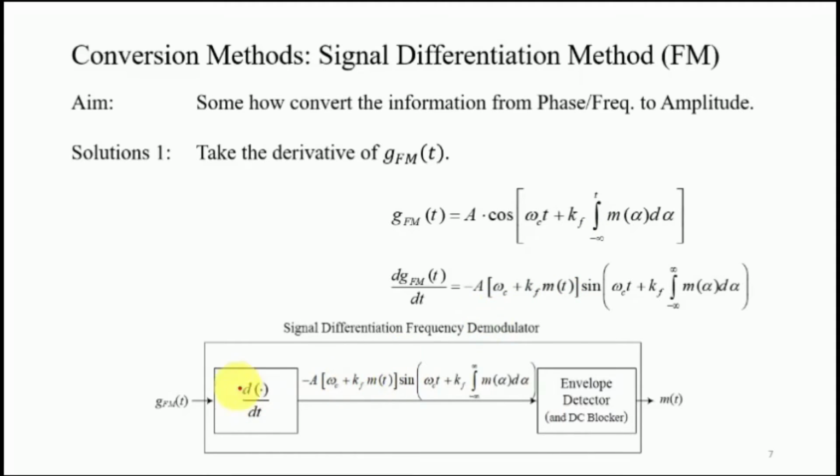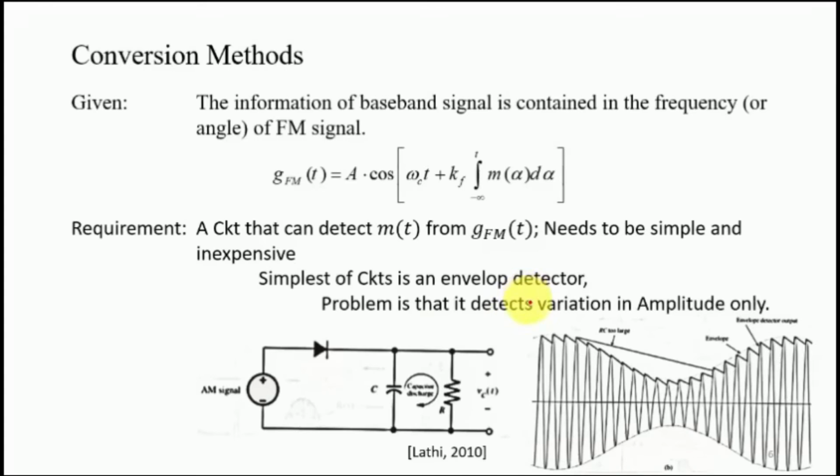So if you have the incoming frequency modulated signal, you pass it through a differentiator. So this expression is something that you would achieve, because the amplitude now consists of m of t, right? So if the amplitude is time varying, we can go back to the envelope detector, right?